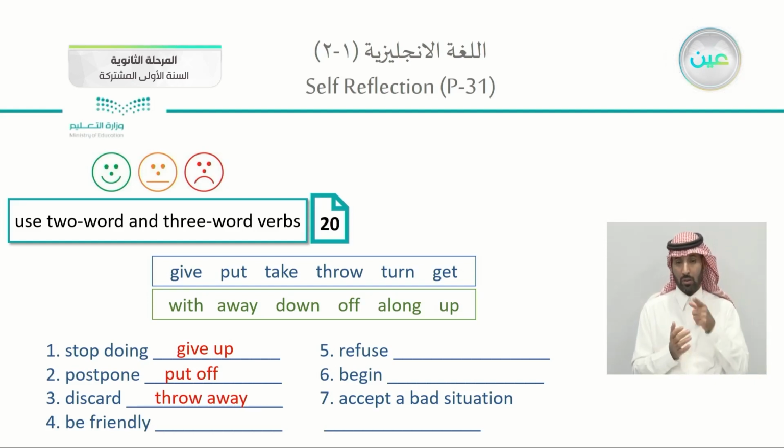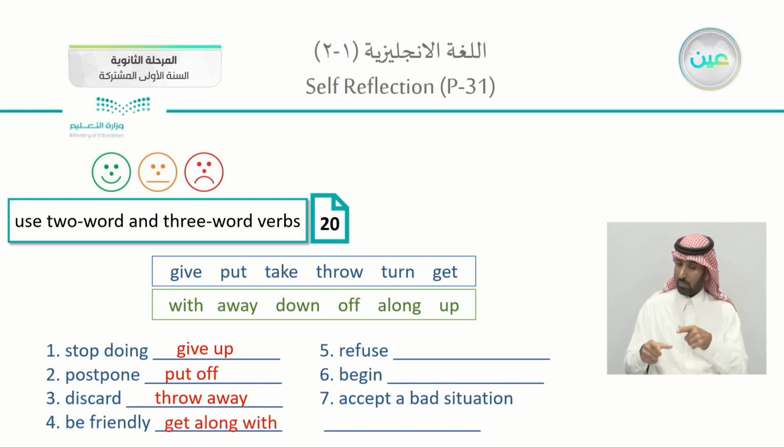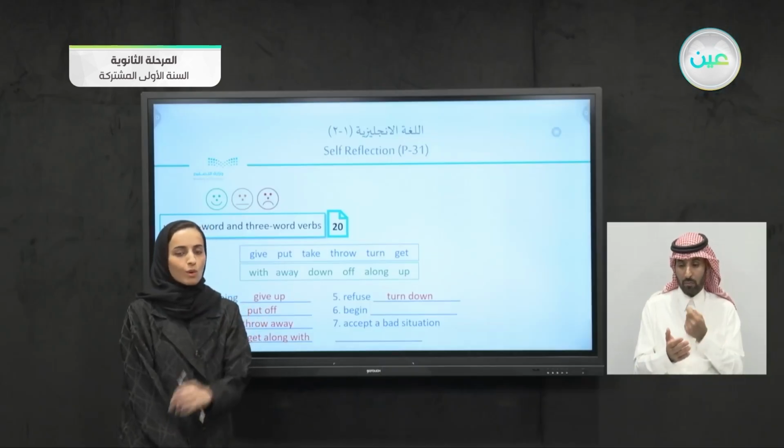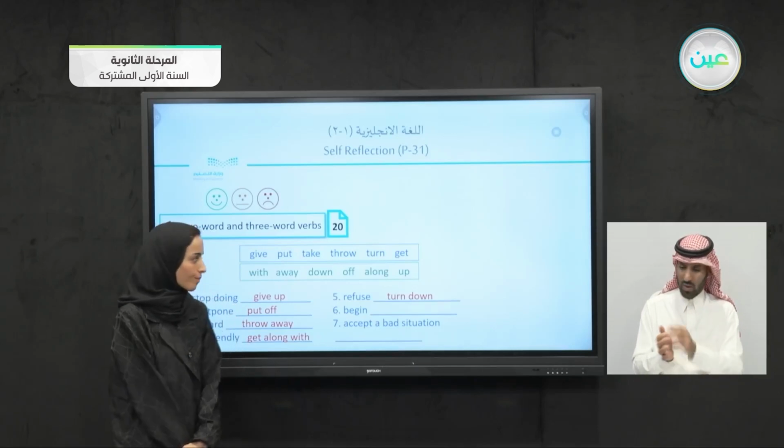To be friendly with someone, to be friendly, get along with. I can't be friendly to someone. I can't get along with someone. Refuse, say no. We will say turn down. I offered them a ride to the house. However, they turned down the offer.